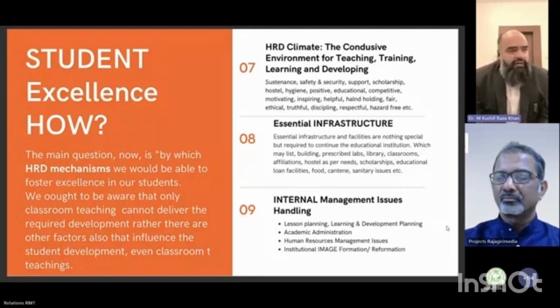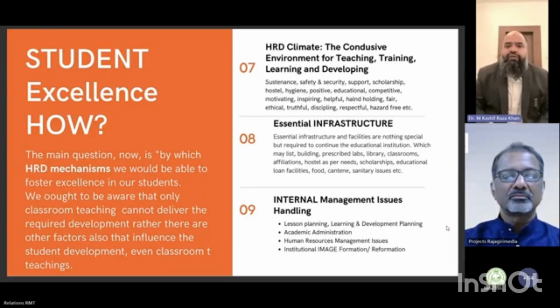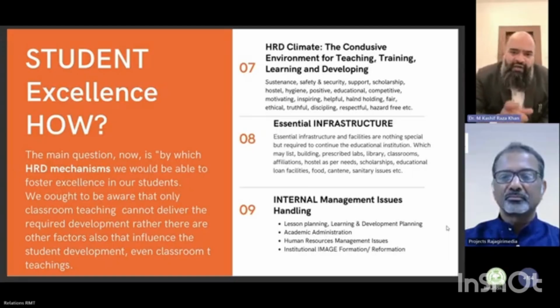The environment, the classroom, the campus, the hostel, the places, the opportunities, the exposures that our students are getting, should be objective oriented towards their development. And the design of the climate must be careful about not leveraging negative opportunities.